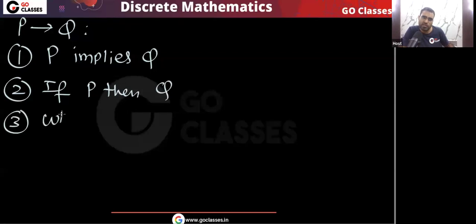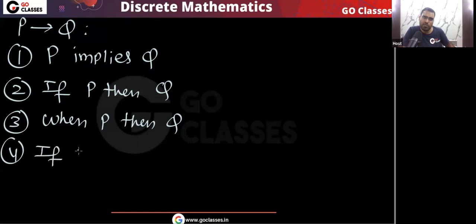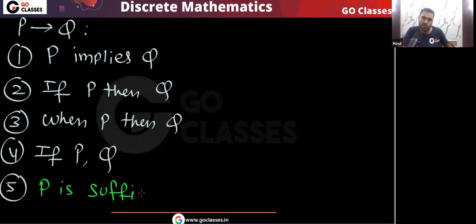Or you can write like this. When P then Q. Okay. Very simple. Or you can write like this. If P comma Q. Okay. Or you can write like this, that P is sufficient for Q. Yes or no? P is sufficient for Q. Or you can write like this.